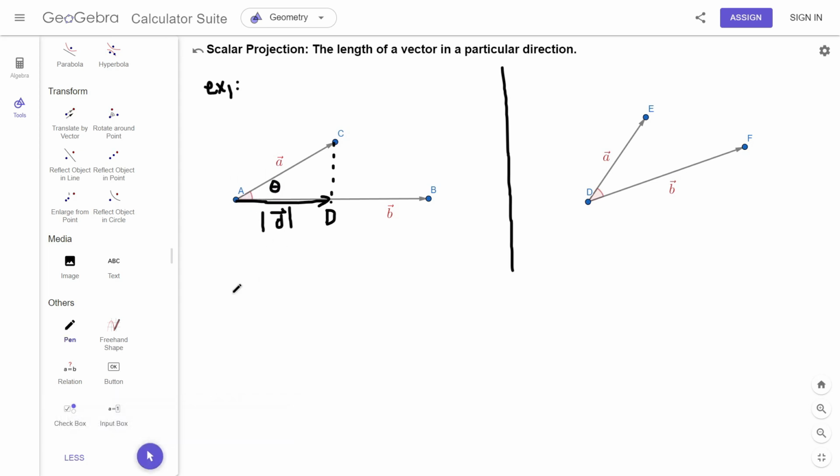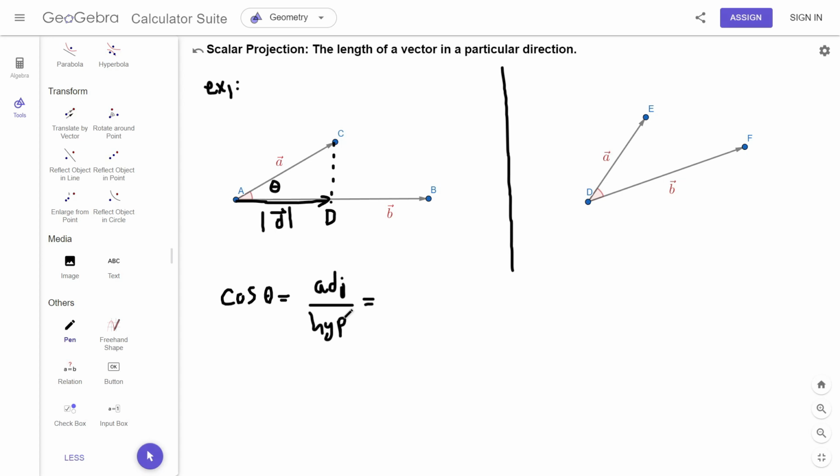From trigonometry, we know that the cosine of an angle is equal to the magnitude, or let me first write the definition. The cosine of an angle in a right triangle is defined as the ratio of the length of the adjacent side to the length of the hypotenuse. This definition applies specifically to right triangles.